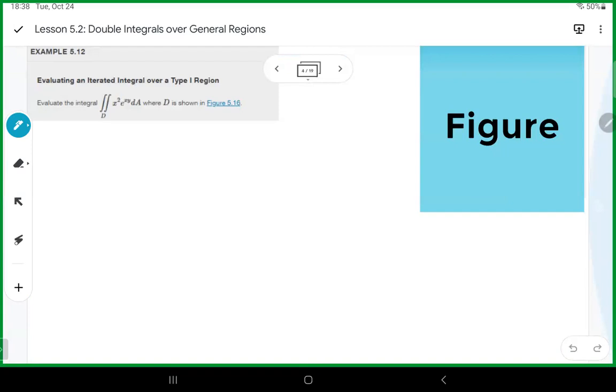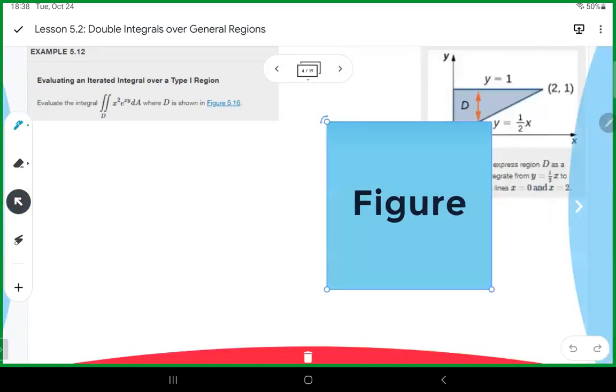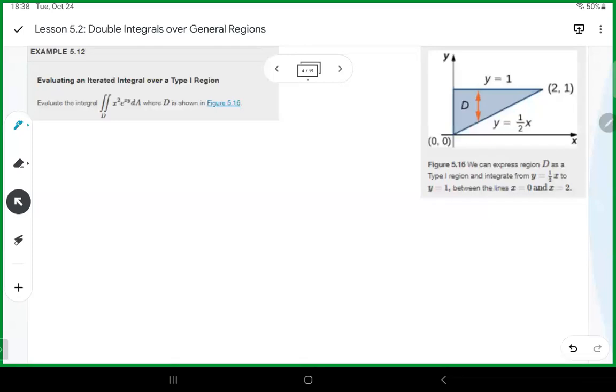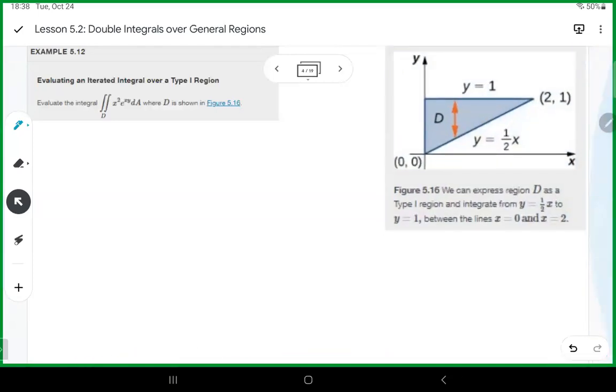Okay. So we want to evaluate the integral where D is shown in figure 5.16. You get to see it first. You'll notice that for a lot of these examples, we have a figure that we're given, and then we have to figure out the integral based on that figure. But at least you don't have to draw it. So that's a plus.